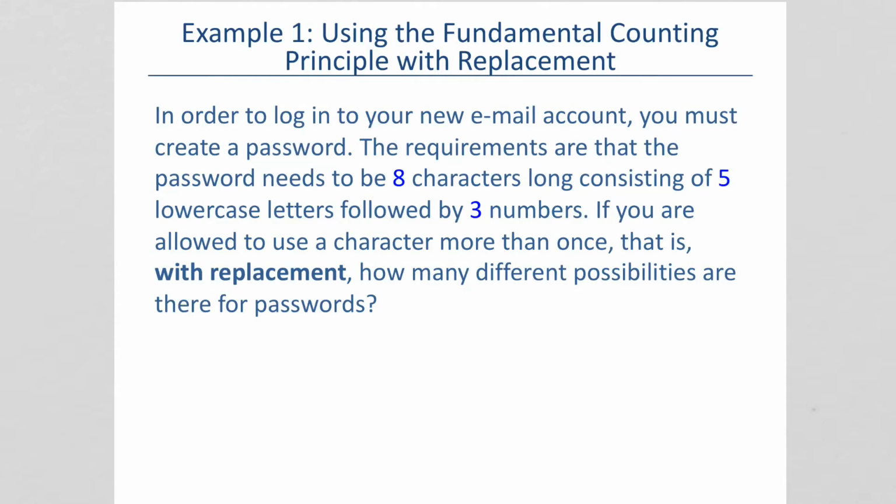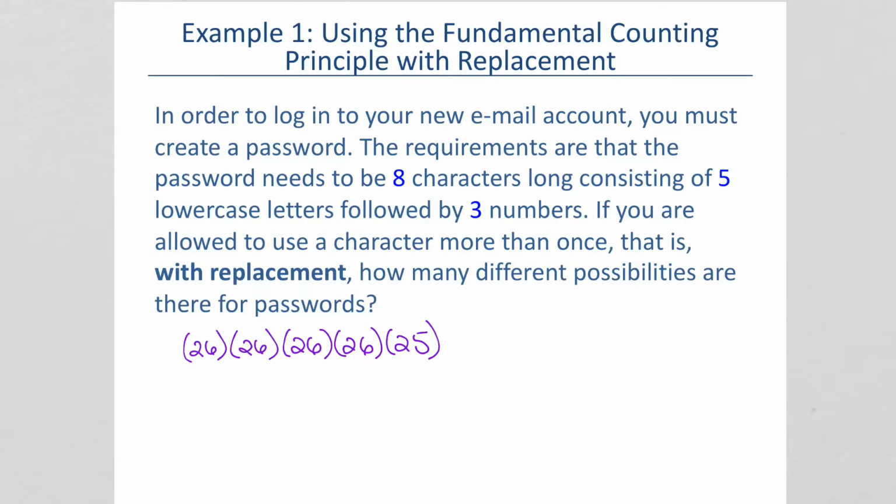So, we need 5 letters. And there's 26 possible letters. So we do 26 times 26 times 26 times 26 times 26. That's 5 times. And then there can be 3 numbers.